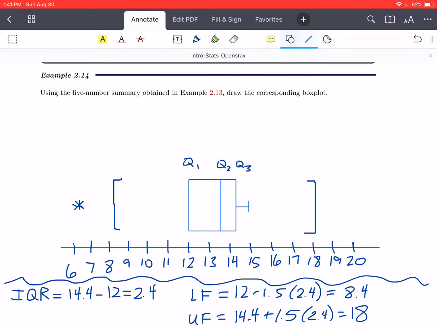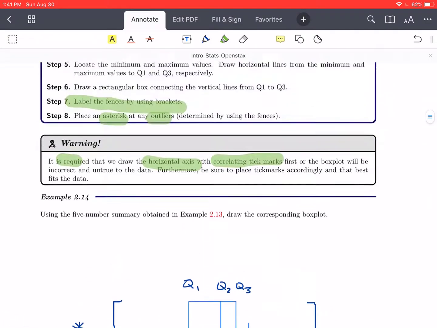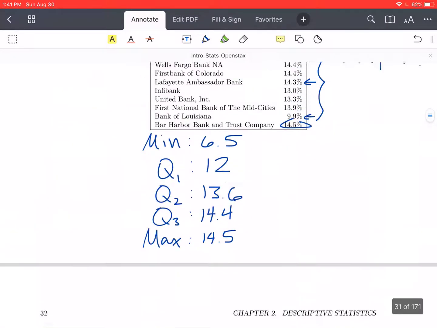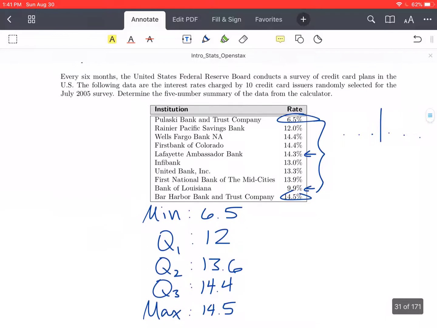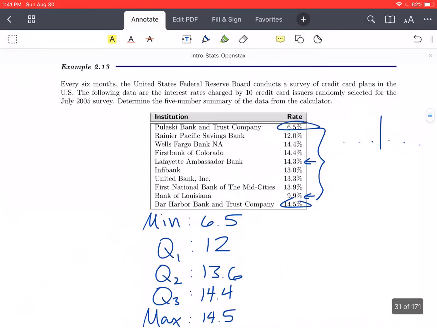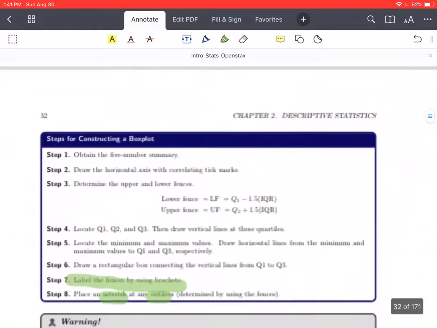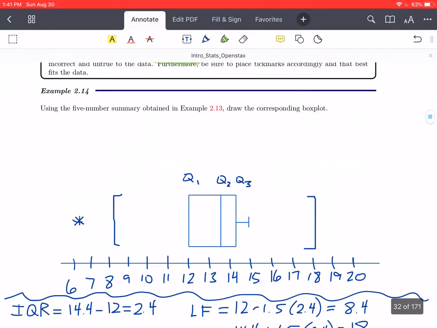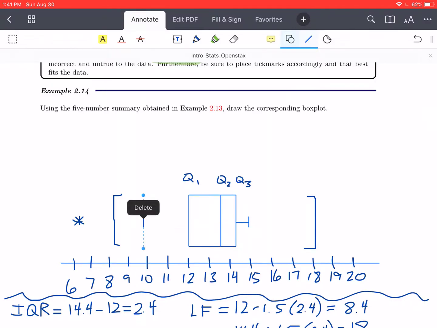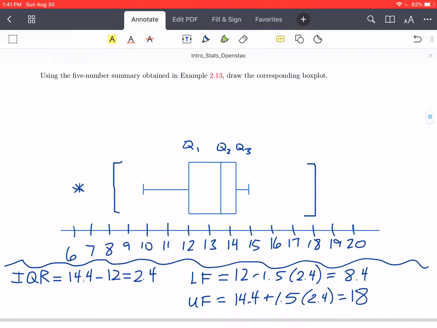And then our new value that's going to be within the fence will be 9.9. Right? If you look, that's the next lowest number, 9.9. So right about 10 here, we're going to have just our little tick mark, and then connect it like that. Alright, and that is our box plot.